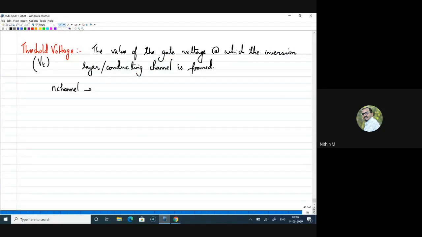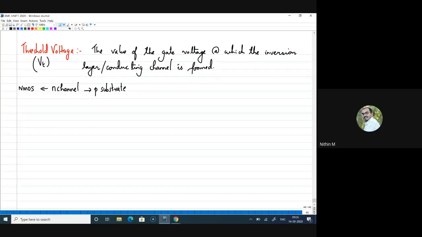An n channel is formed in a p substrate. So by looking at the channel, we call this an NMOSFET. This is how we name the MOSFET. If the channel is N, we call the MOSFET an NMOSFET, and this N channel is formed in a P substrate because the channel itself is an inversion layer. So the inversion layer has to form in a different substrate, right?